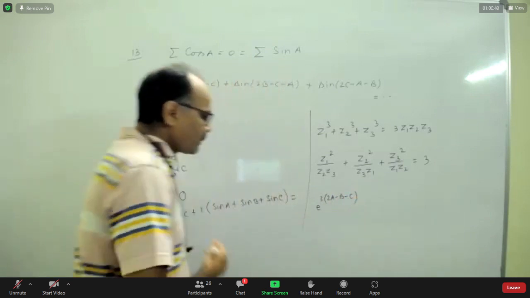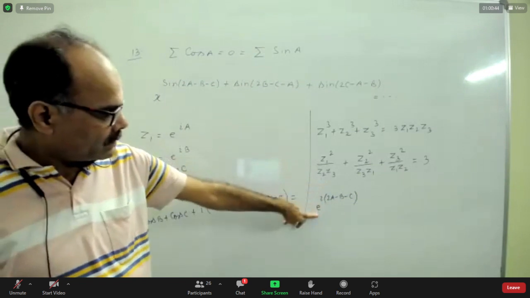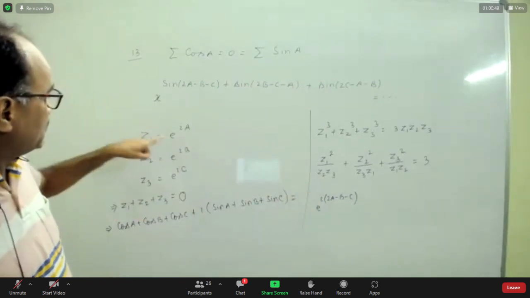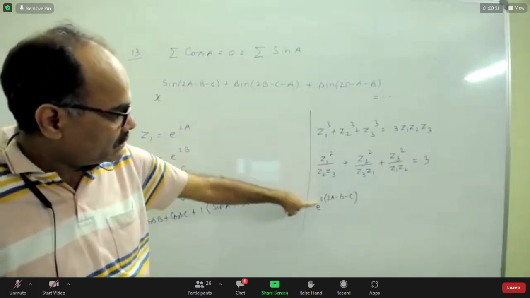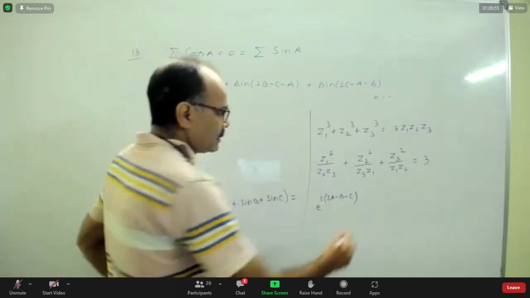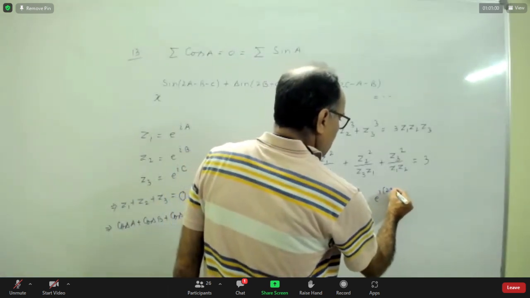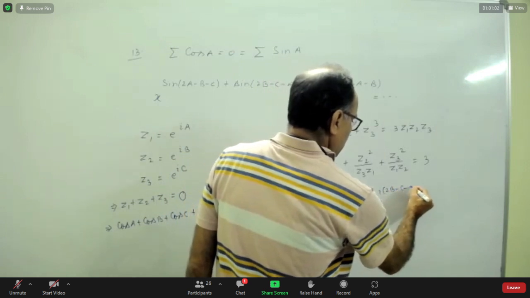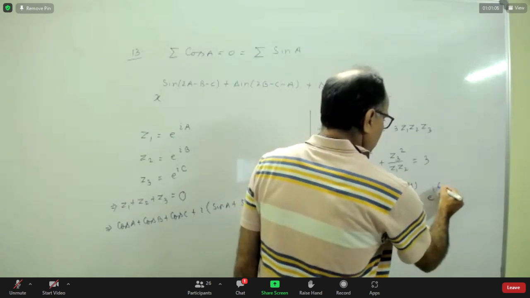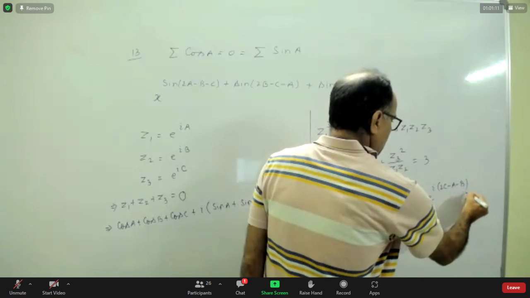Putting the values of z1, z2, z3 here, we get e to the power i times of (2A minus B minus C) plus e to the power i times of (2B minus C minus A) plus e to the power i times of (2C minus A minus B) equals 3.